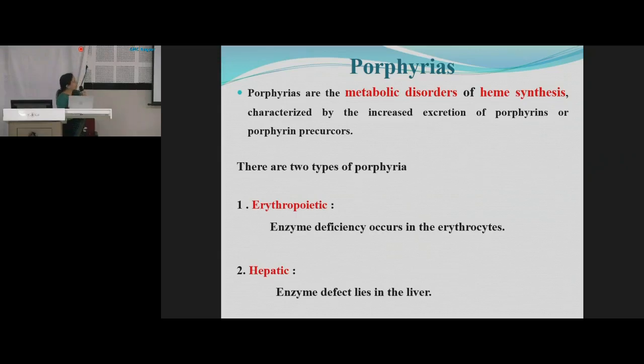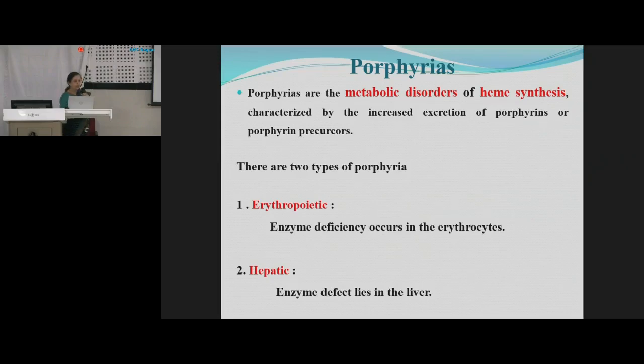But another classification of porphyria is, it was also classified as acquired and inherited. So inherited means there is a metabolic defect in the enzyme of the synthesis, that is heme synthesis enzyme deficiency. Whereas acquired porphyrias are those which are acquired because of some tumors, drugs, toxins and so on.